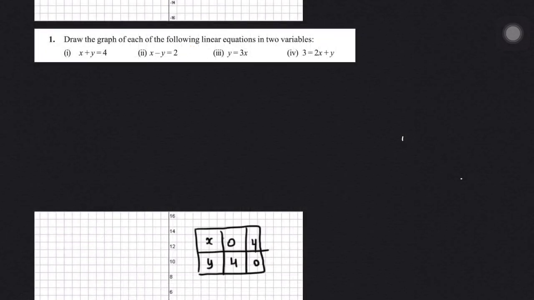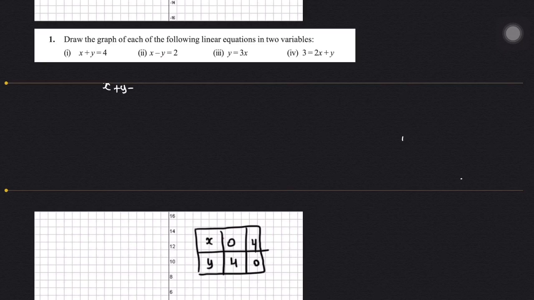In exercise 4.3, question 1, draw the graph of each of the following linear equations in two variables. So the first question, the given equation is x plus y is equal to 4. Then I fix x and y is equal to 4 minus x.